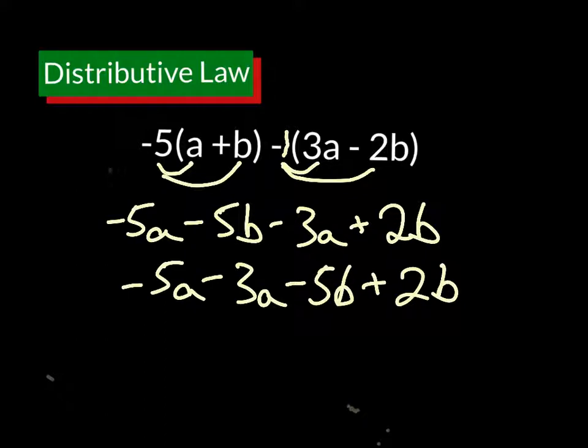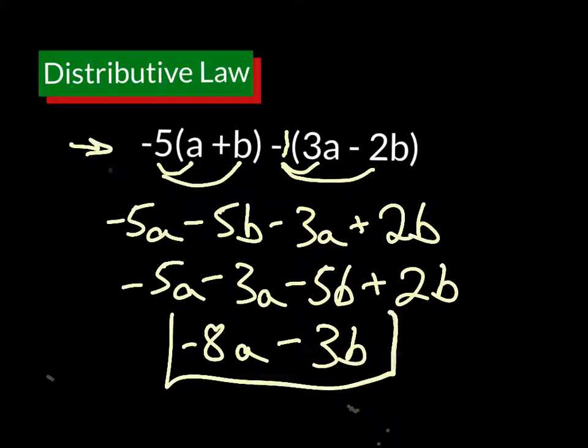Now to combine the terms, negative 5a and negative 3a is negative 8a, and negative 5b plus 2b is negative 3b. So this whole expression here simplifies to negative 8a minus 3b.